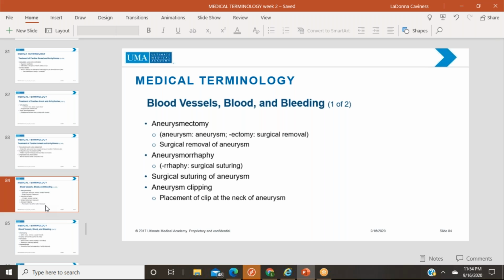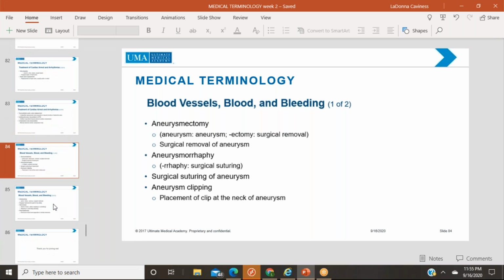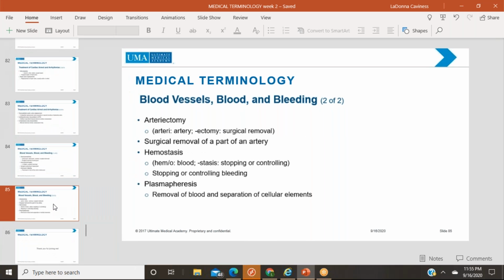Aneurysm clipping is placement of a clip at the neck of an aneurysm. Arteriectomy, arteri, artery. Ectomy is surgical removal. Surgical removal of a part of the artery.